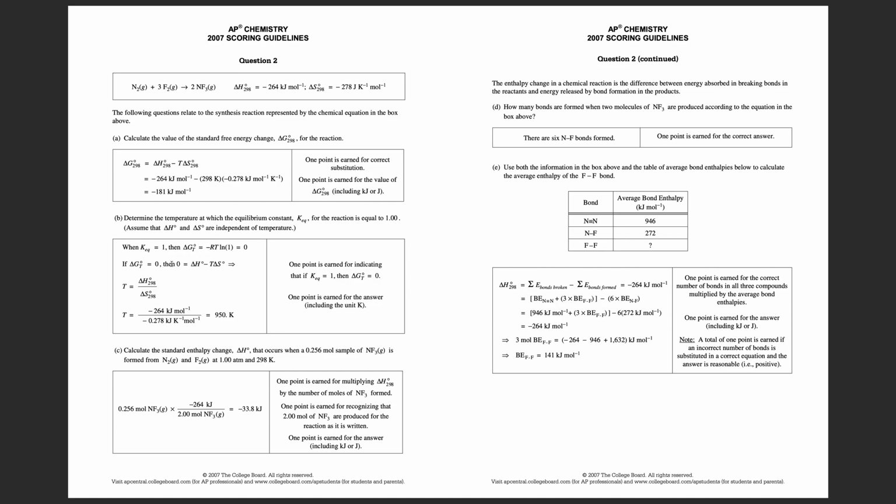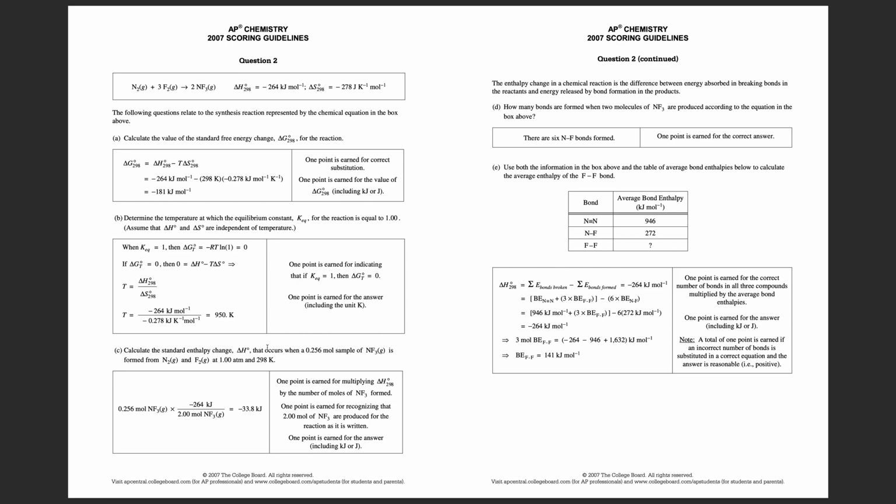But if we plug in 0 for delta G, then we can solve for temperature over here with the good honey tastes sweet equation. Okay, so that's how they've gone through here. Let me know if you have a question about that one. The answer is in Kelvin. You could have done an extra step and put it in Celsius.